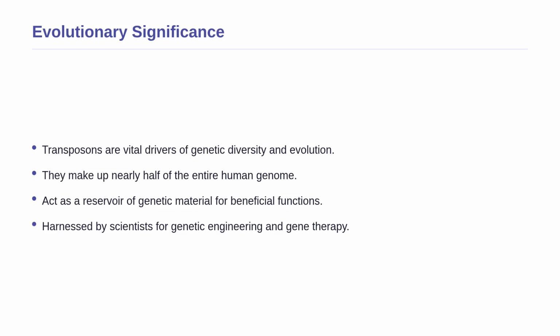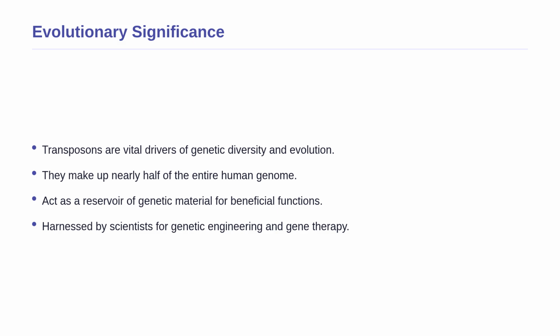Having seen how they multiply, you might be wondering why our bodies tolerate DNA that randomly jumps around. The truth is, transposable elements are incredibly important drivers of genetic diversity and evolution. Without them, genomes would be static and unable to adapt to changing environments.